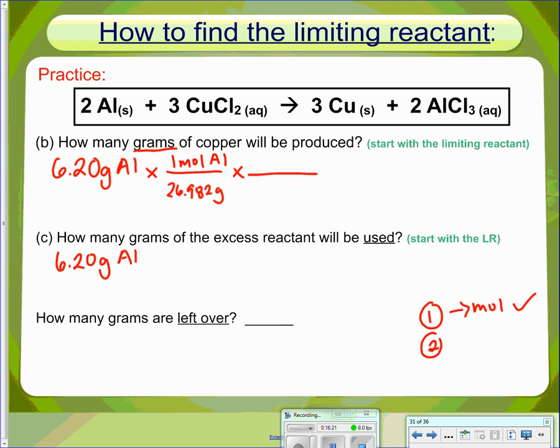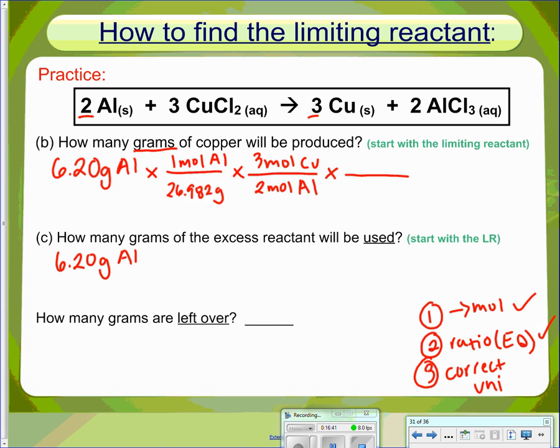Step 2 is the ratio step. Again, you're looking at that balanced chemical equation. For every 2 moles of aluminum, I have 3 moles of copper. Then I do need to do that last step here to convert to the correct unit, because it's asking me specifically for grams of copper.